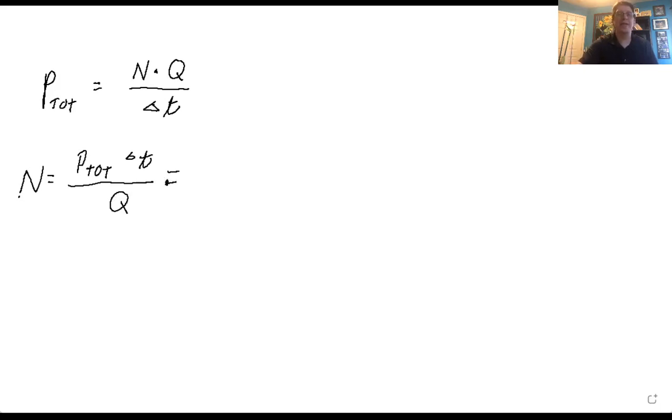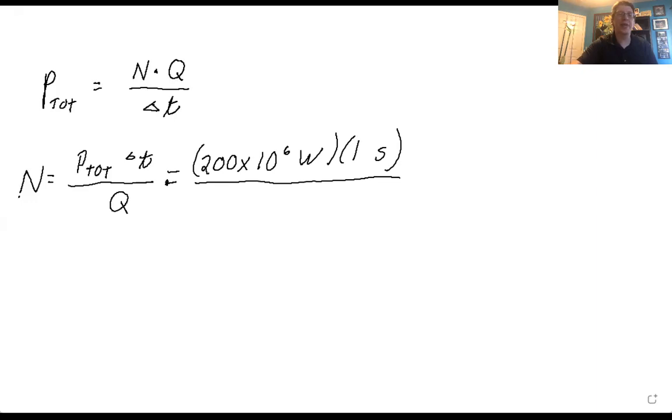So we have 200 megawatts, that's 200 times 10 to the 6th watts. Our delta T is 1 second. And Q is 200 mega electron volts, so that's 200 times 10 to the 6th electron volts.